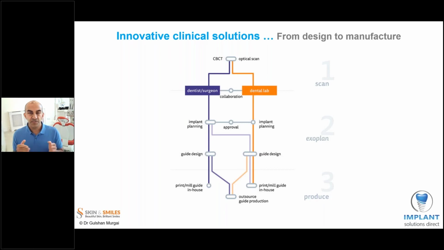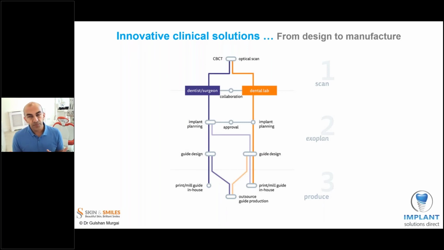Collaboration means that perhaps the dentist does the planning and then they hand over that approved plan to the laboratory and ask them to both design and manufacture the guide. So it's very much a modular and collaborative process, and that's why I've highlighted who is part of what I consider to be the extended dental team.